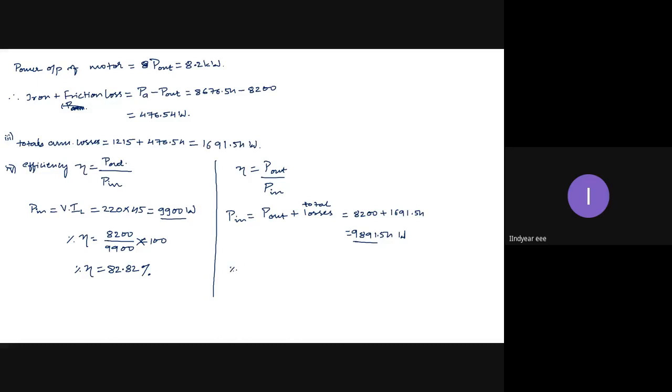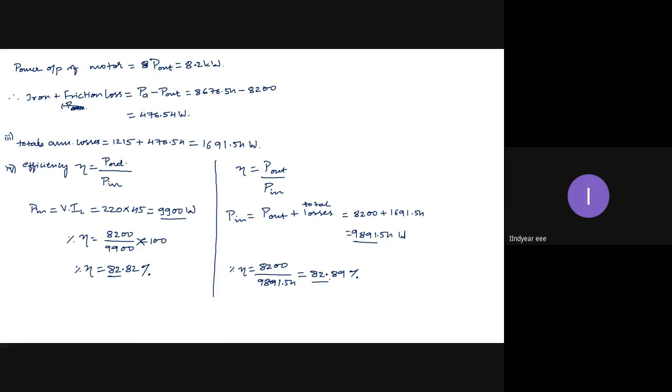So percentage efficiency I can write as 8,200 divided by 9891.54, which is 82.89%. See, the gross percentage value is the same: 82.82% and 82.89%.